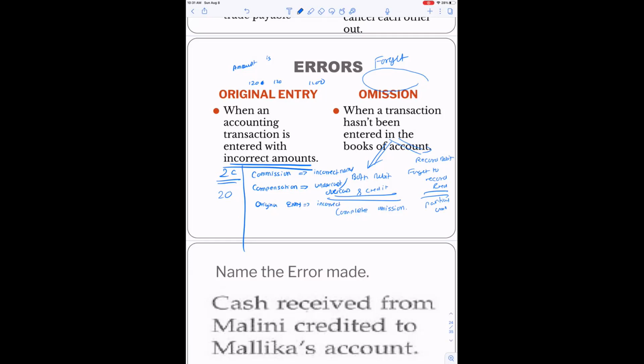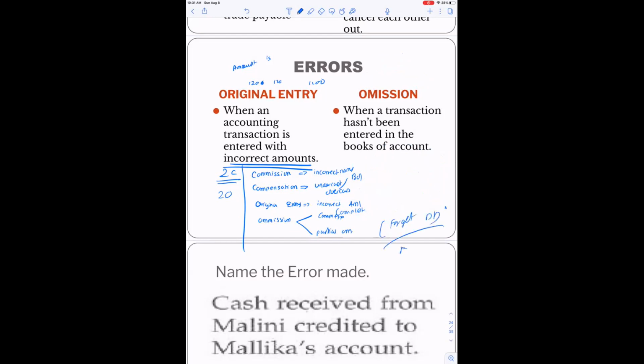The amount is incorrect. Error of omission. Error of omission has 2 parts. One is complete omission and one is partial omission. Complete omission, you forget to record both the debit and credit. Partial omission, you just forget to record part. Either you forget to record a debit or you forget to record the credit.